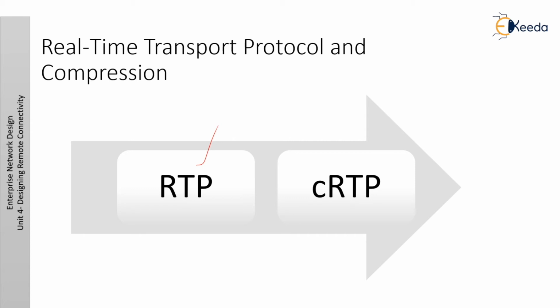RTP provides an end-to-end network transport function for applications that have real-time transmission requirements, such as audio or simulation data over multicast or unicast network services. Because RTP header compression, that is CRTP, compresses the voice header from 40 bytes to 2 or 4 bytes, it offers significant bandwidth saving. CRTP is also referred to as compressed real-time transport protocol.